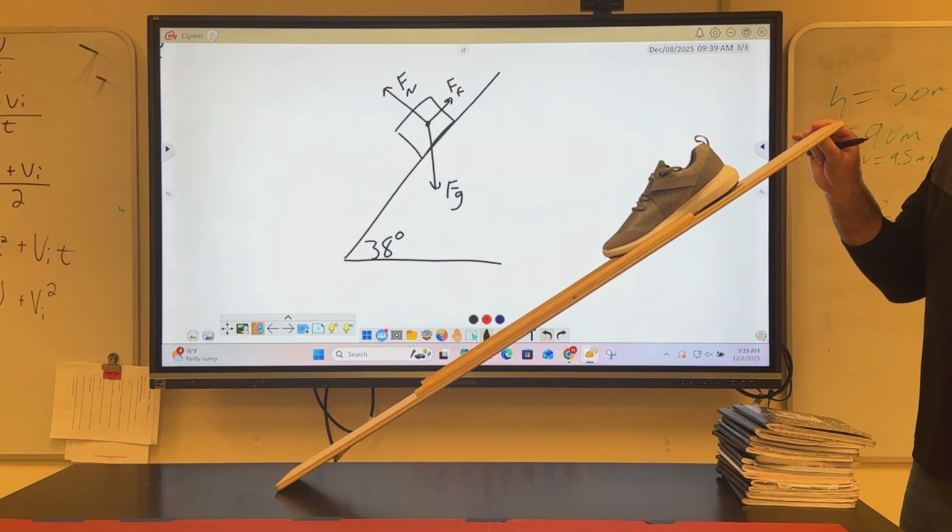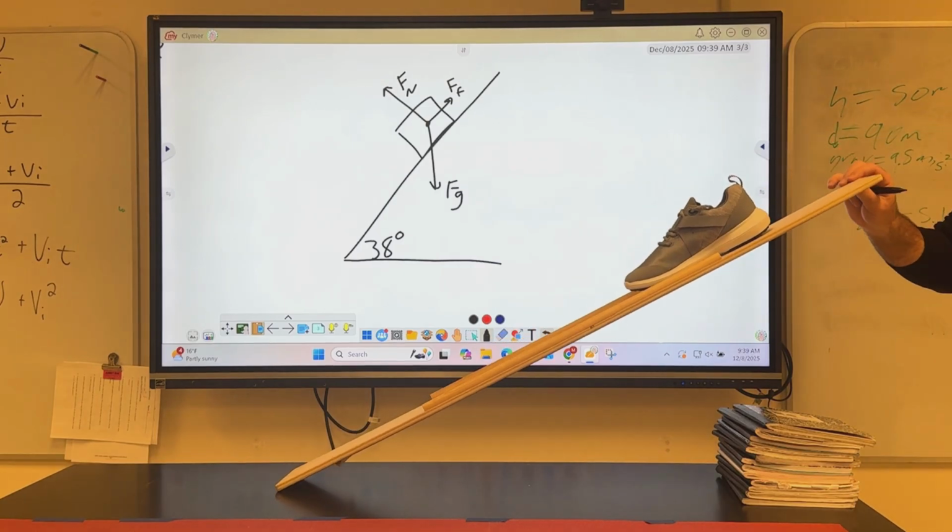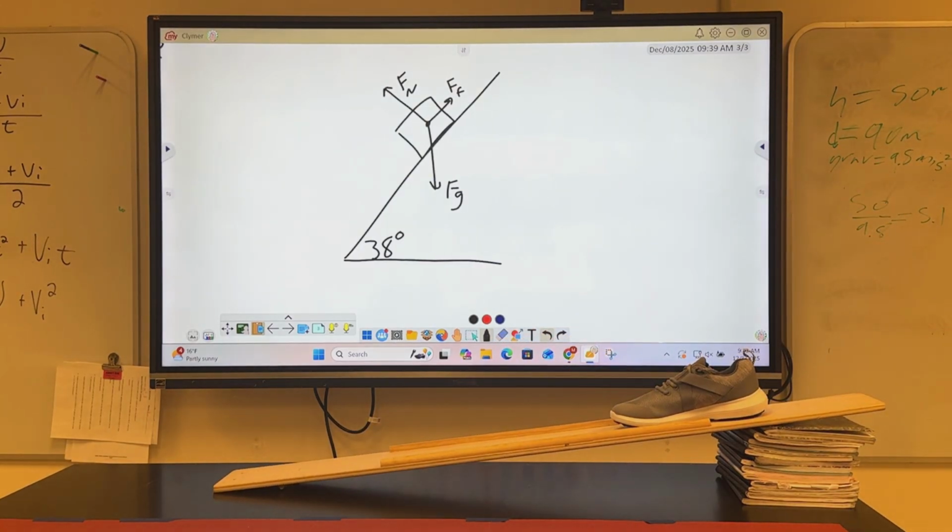I obviously drew that way higher than 38 degrees, but that doesn't matter because your calculator doesn't know how terrible an artist I am.